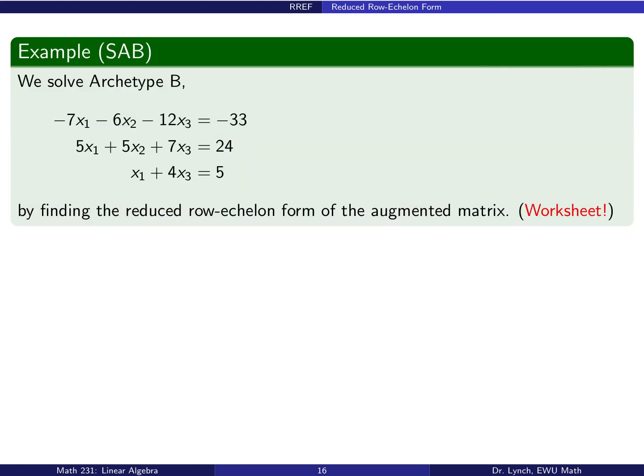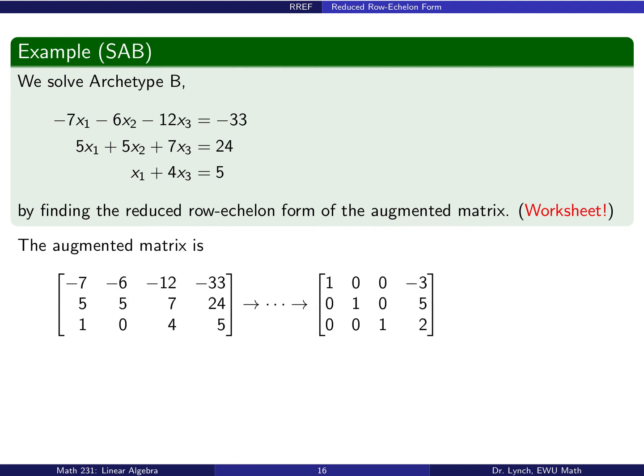So here's an example. The system of linear equations associated with archetype B has this form. We can go ahead and write the augmented matrix and find the reduced row echelon form. This can be done by hand. This can also be done using technology, and we'll explore that a little bit using Sage, and I recommend you do that on the worksheet.